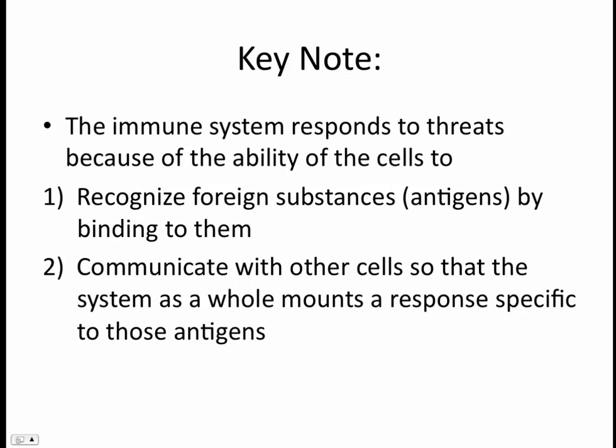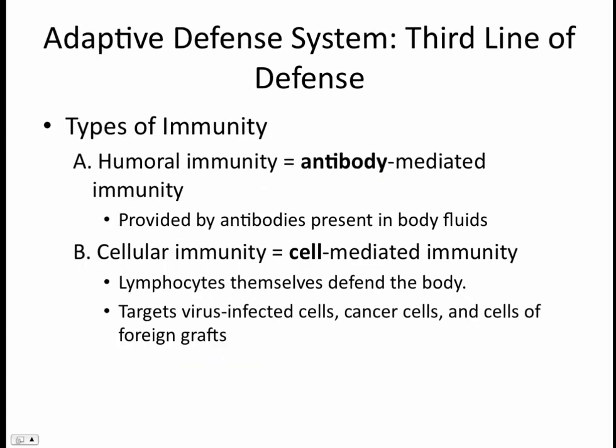Okay. So key note so far, before we continue on looking at how we form B cells and T cells, is that the immune system responds to threats because the cells can recognize foreign substances in the form of antigens, bind to them, and also communicate with other cells to have a much broader specific response in our body.